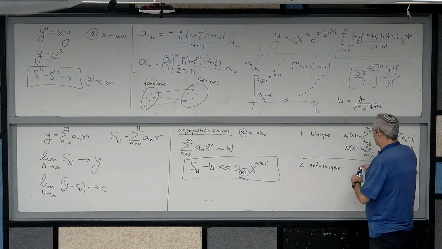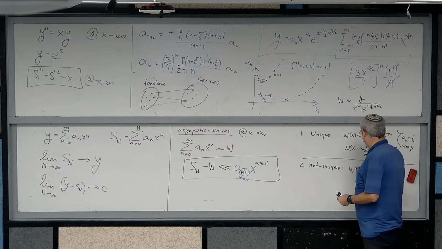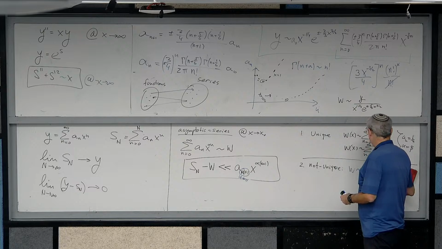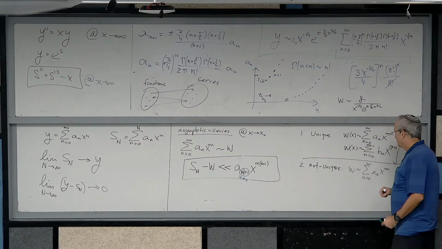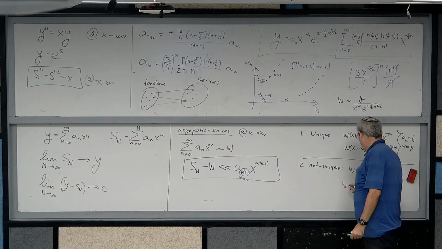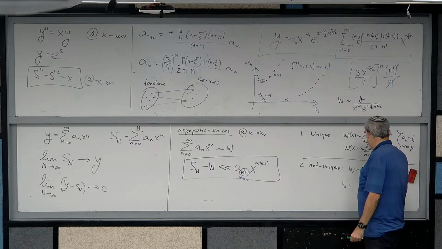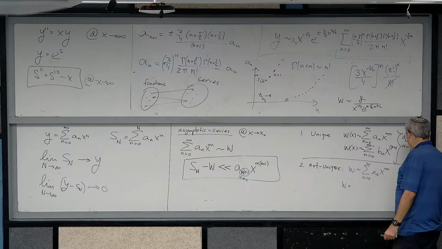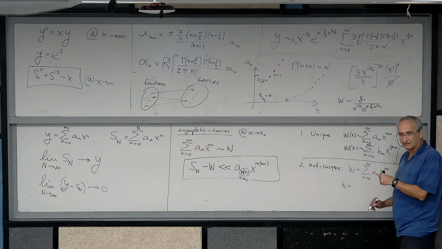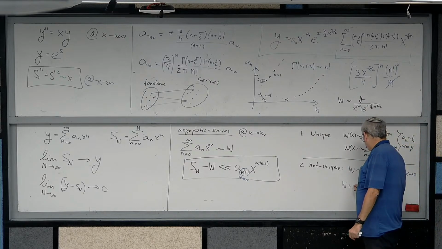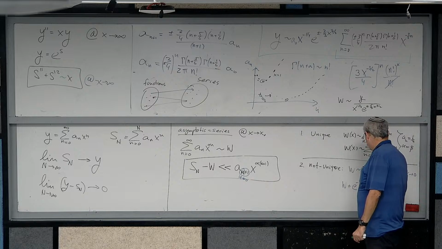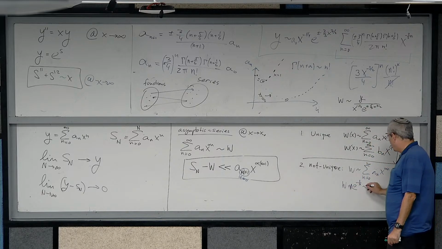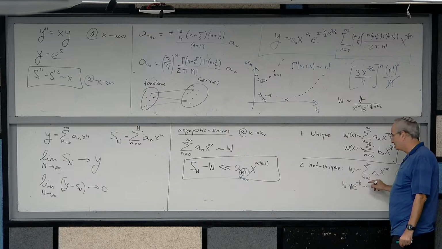It's not unique because if W is the sum from n equals 0 to infinity of a_n x to the alpha n, then, suppose that I'm speaking about x goes to 0, not x goes to infinity, then W plus a e to the minus 1 over x is also asymptotic to the same asymptotic series.